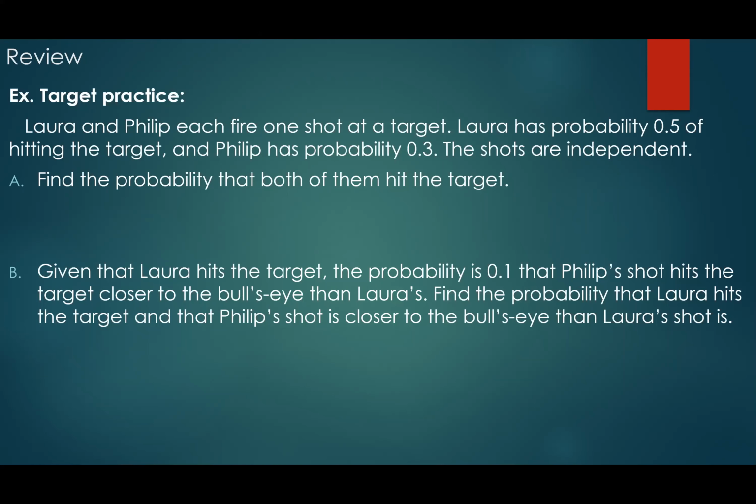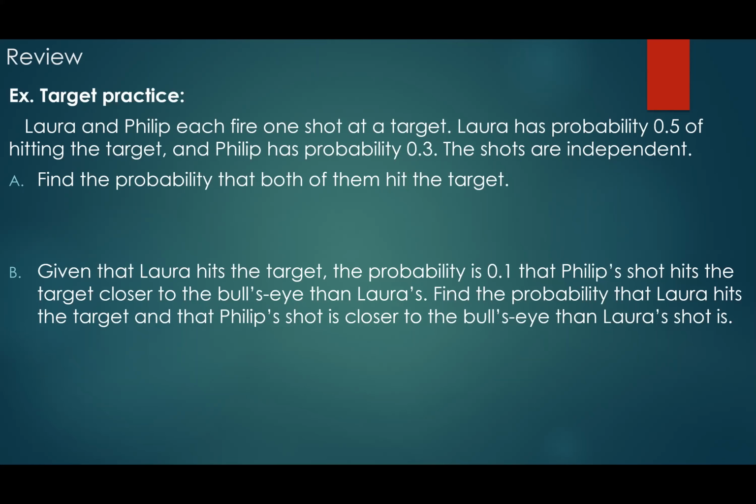Laura's probability is different from Philip's probability. Agree? Yes. If they said Laura shoots the first shot and then Laura shoots the second shot, then they would be kind of dependent. But here, Philip is different from Laura. So the two shots are independent, right?